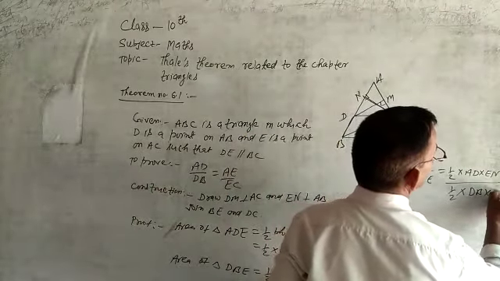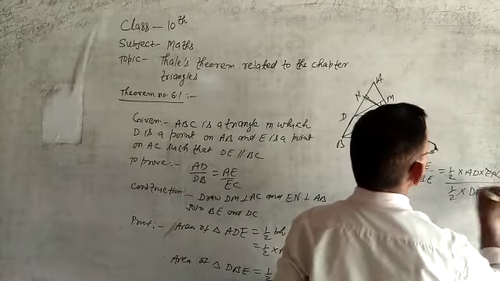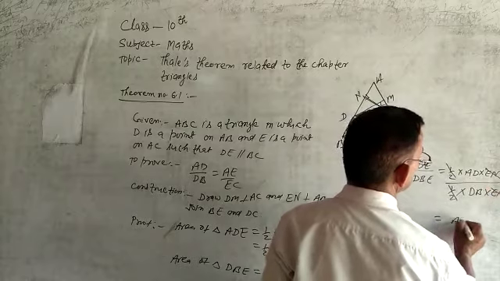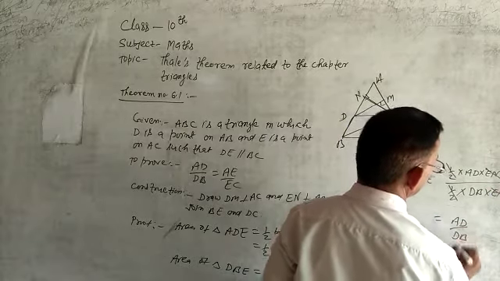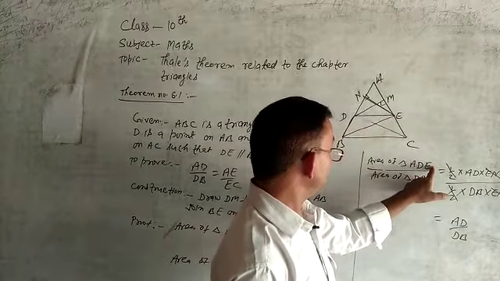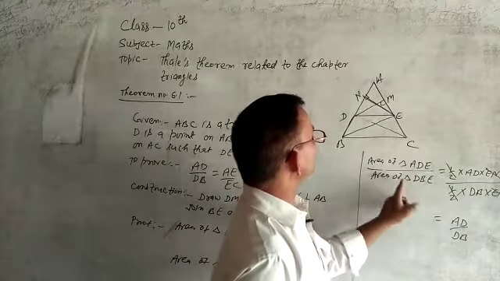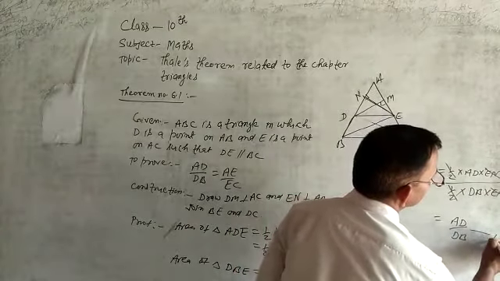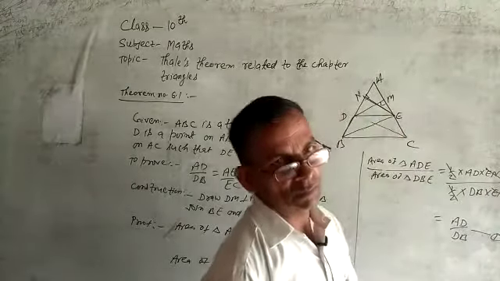EN cancels, half cancels. Remainder AD by DB. So we can say that area of triangle ADE by area of triangle DBE is equal to AD by DB. Suppose this is equation number 1.